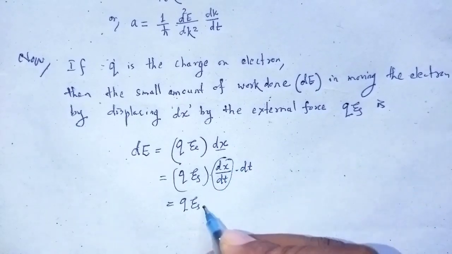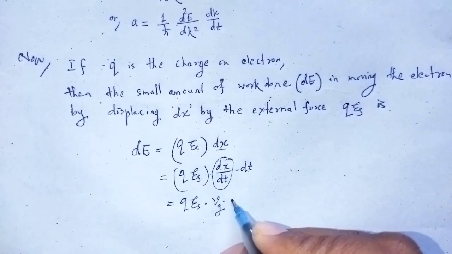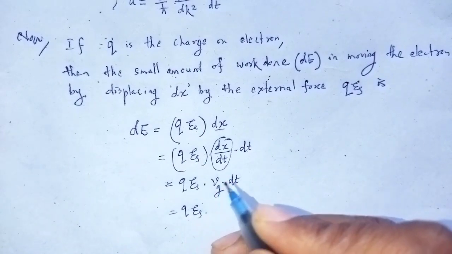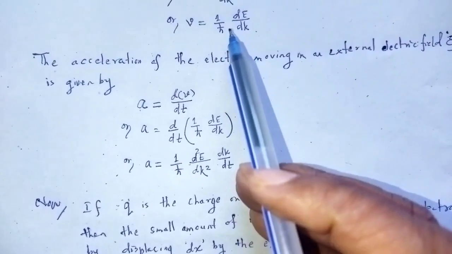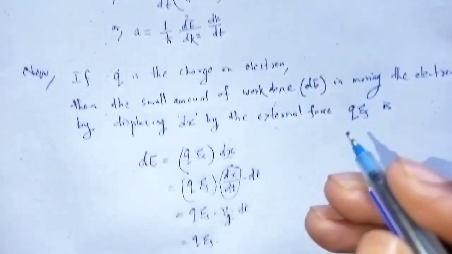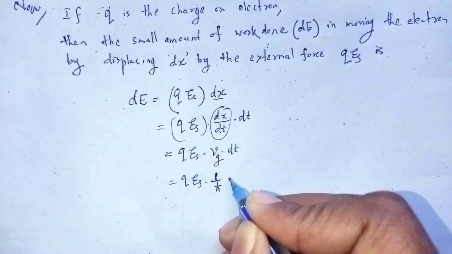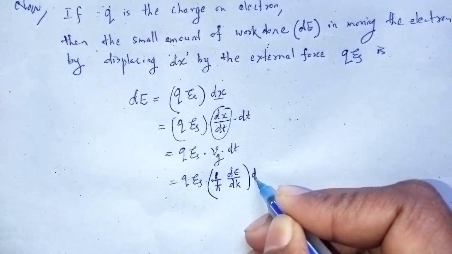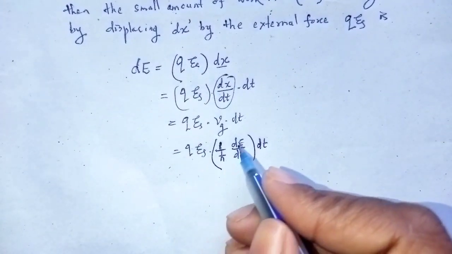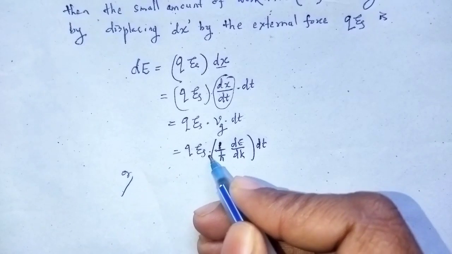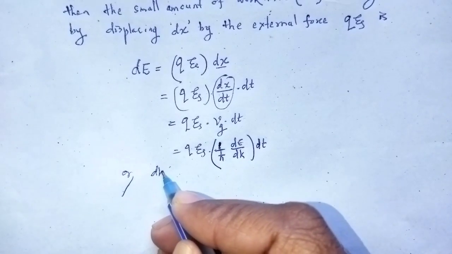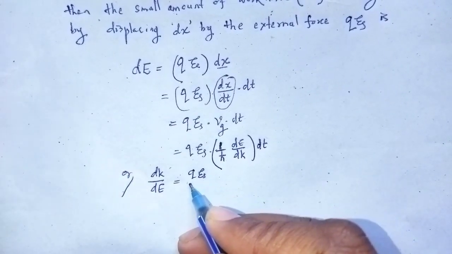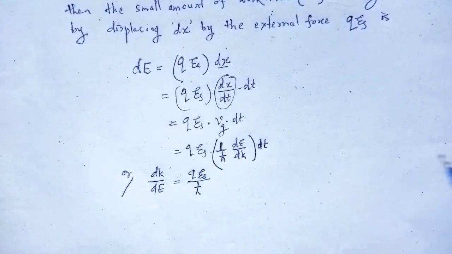dx by dt, that is the group velocity v of g, dt is equal to q zeta. Instead of group velocity, 1 by h cut dE by dk, 1 by h cut dE by dk into dt. dE cancels out on both sides, therefore we obtain dk by dt is equal to q zeta divided by h cut.